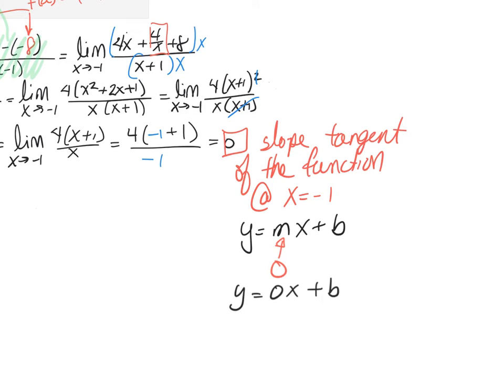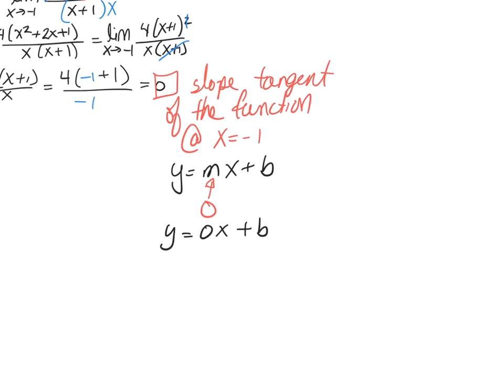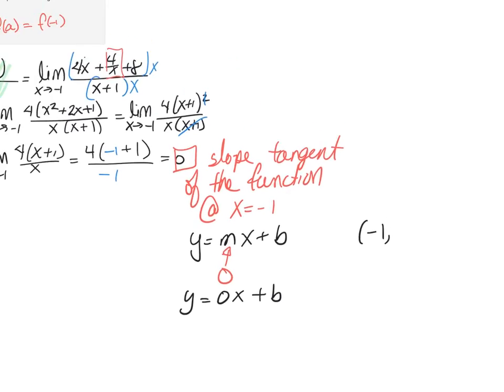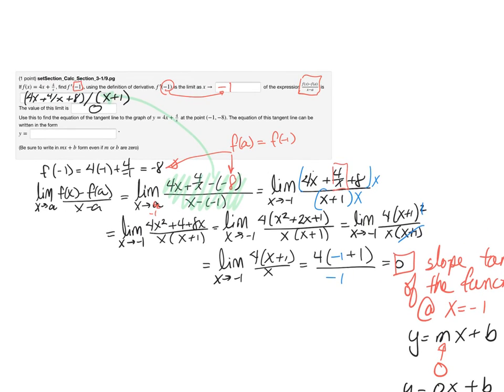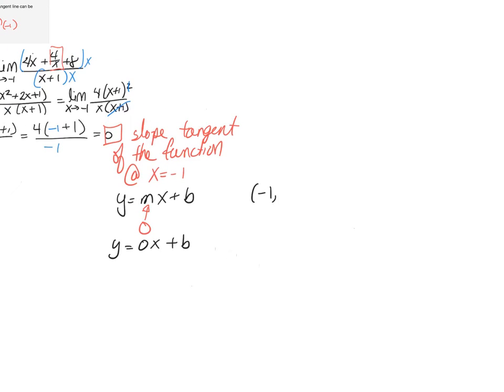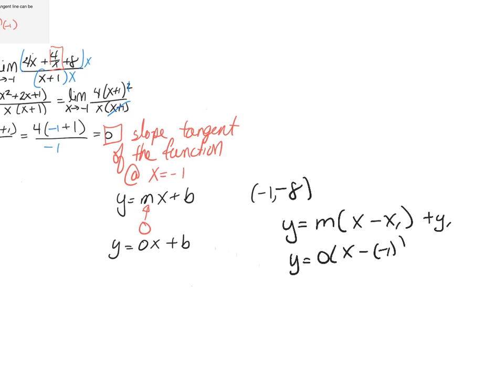Now I still need to find out what b is, and the way I do that is I know the ordered pair. The ordered pair was I put in -1, and if you recall from up here, -8 came out. So -8 is my y value. I also have this equation, the point-slope form: y is equal to m times x minus x1 plus y1. Well, because the slope is 0, it doesn't matter what I put in for x.